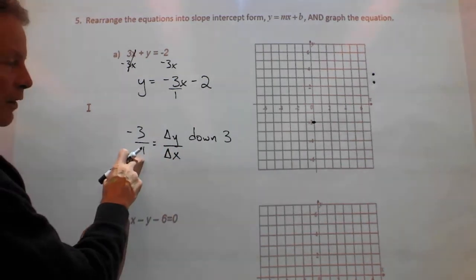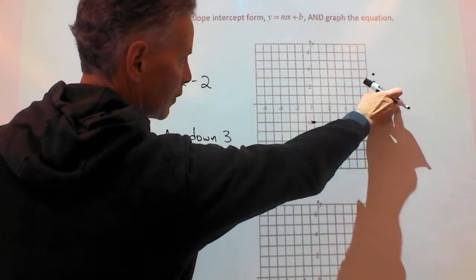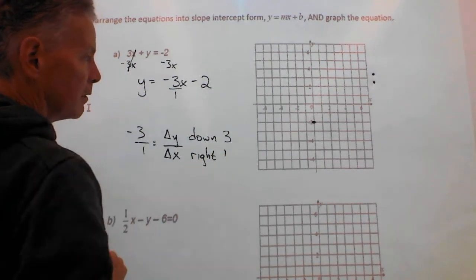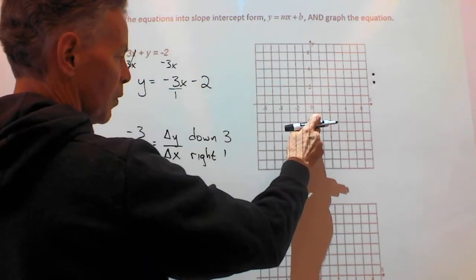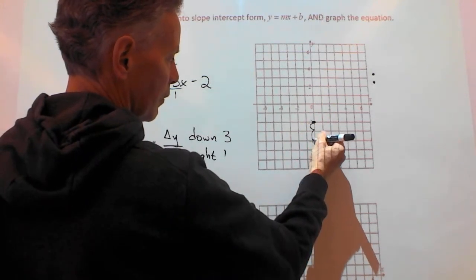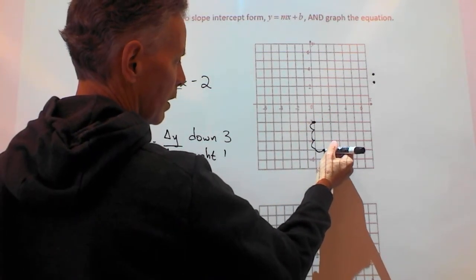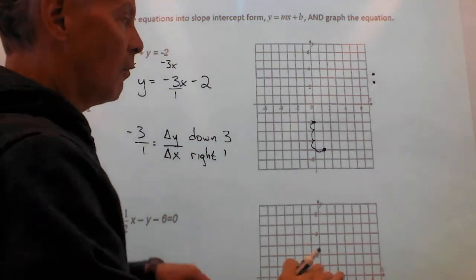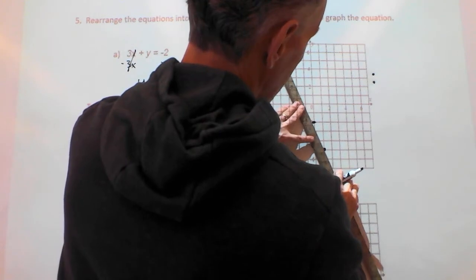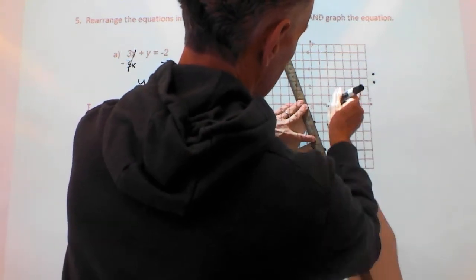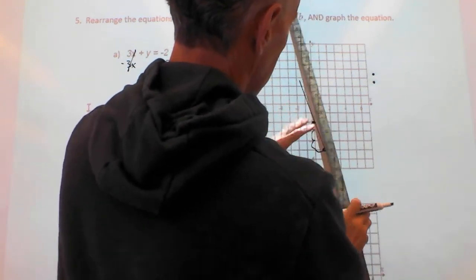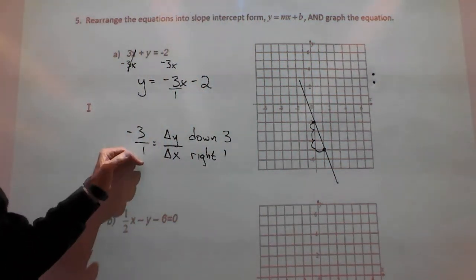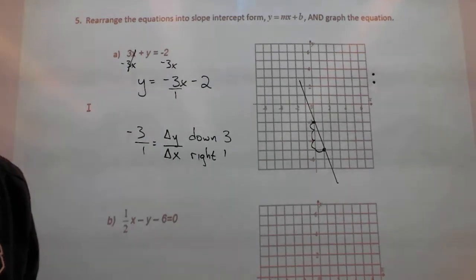Our change in x is +1, which means we're going to go to the right. So right 1. Okay? So starting at this point, we're going to go down 3, 1, 2, 3. We're going to go right 1. That gives us our second point. And then all we have to do is join those babies up. There's your line. Okay? So remember, your slope gives you directions to get to that second point.